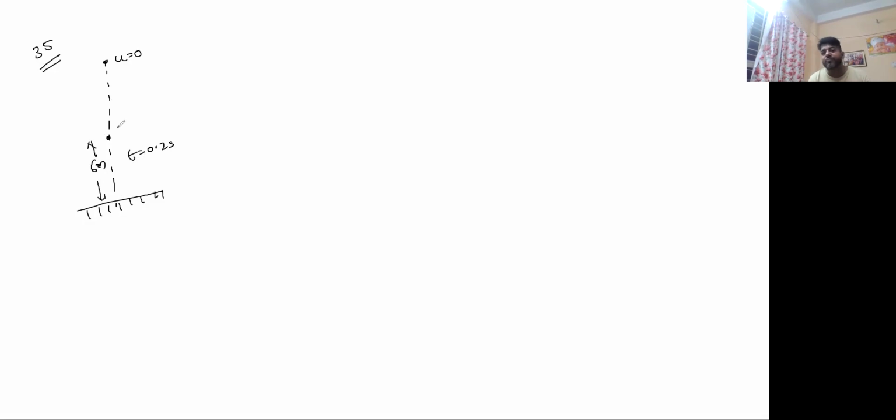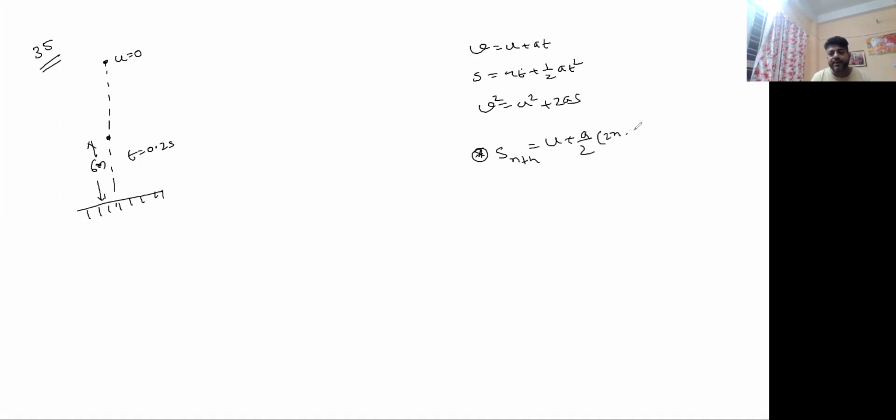So for motion in one dimension, basically we have these three popular formulas. I think all of you know these three formulas. V equals U plus AT, S equals UT plus half AT square, and V square equals U square plus 2AS, and along with these three there is one free formula, S_n, that is U plus A by 2 (2n minus 1).